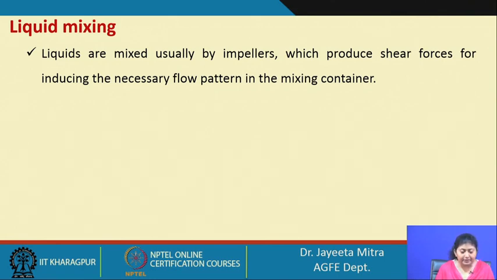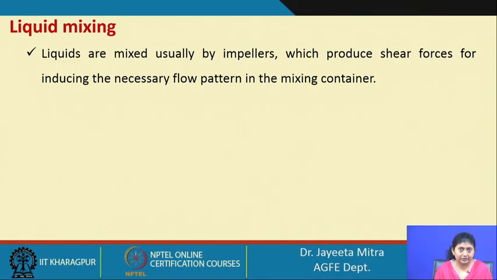So, liquids are mixed usually by impellers. We have seen that in case of dry powder we have used the tumbler mixer, okay, or double cone mixers, that kind of horizontal mixer, barrel kind of mixer. Now, when we have seen the cohesive material, we have used blades, okay, because high shear force is to be applied there.